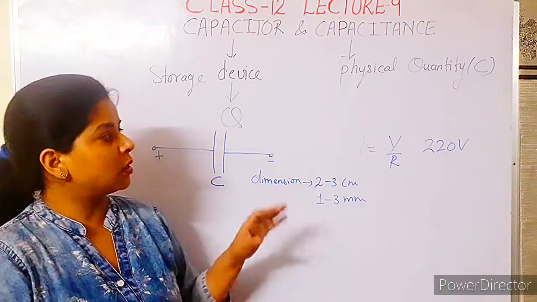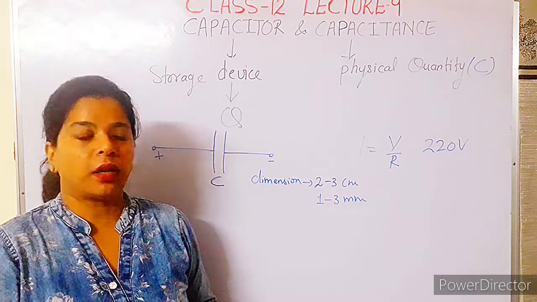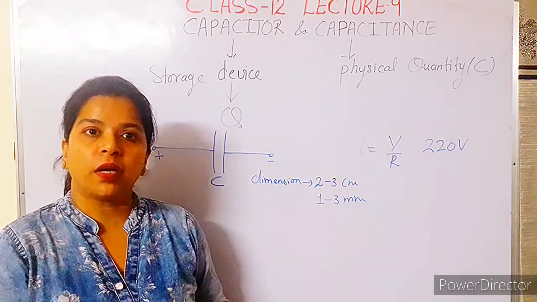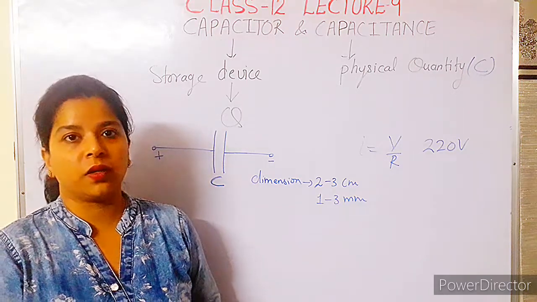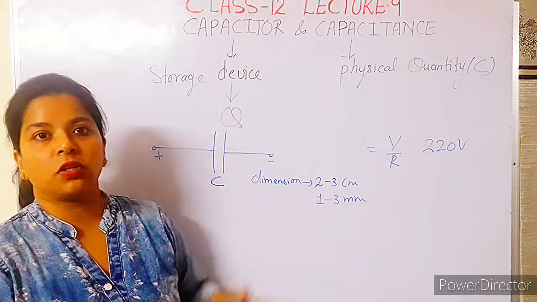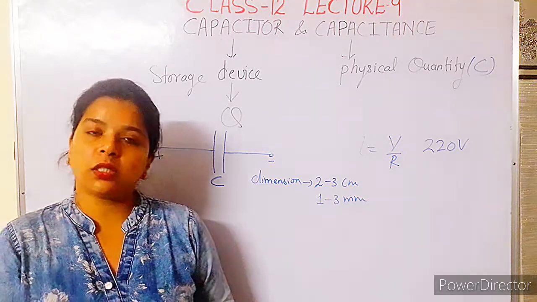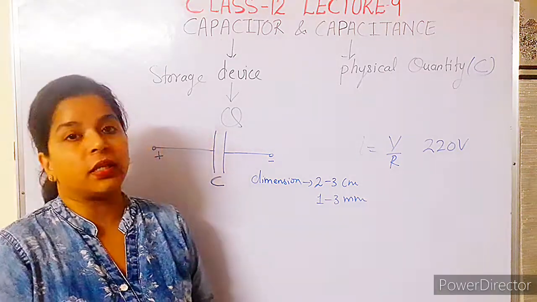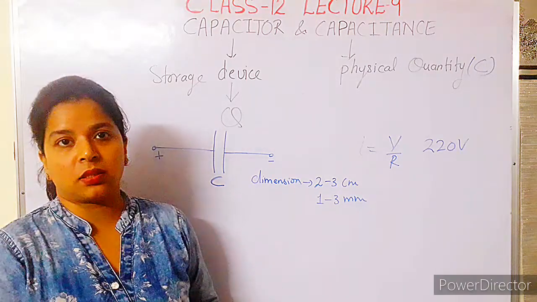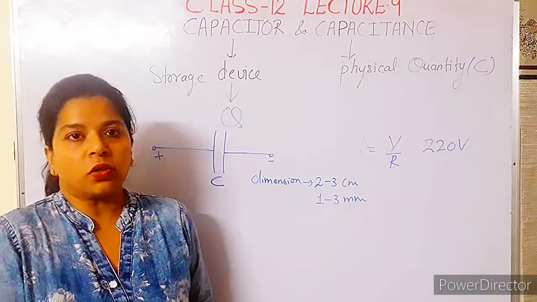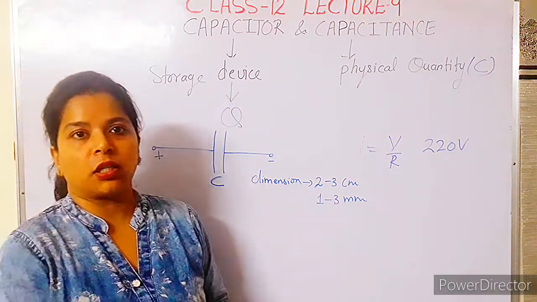So the capacitor's working can be observed when the supply circuit is off. When the electricity is off, then we can observe the functioning of the capacitor. Because during the supply, the capacitor gains charge and also supplies charge to appliances while the electricity is on, you cannot observe it because it discharges at one side and gains charge from the other side.